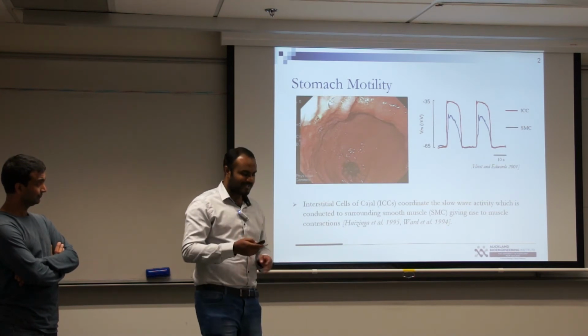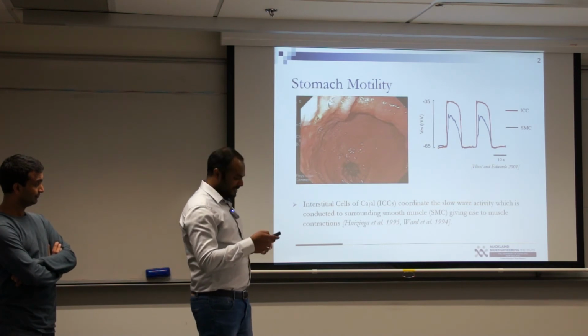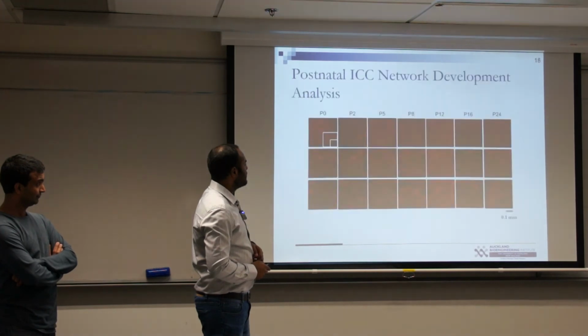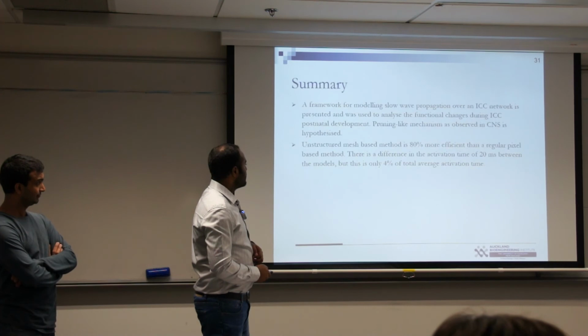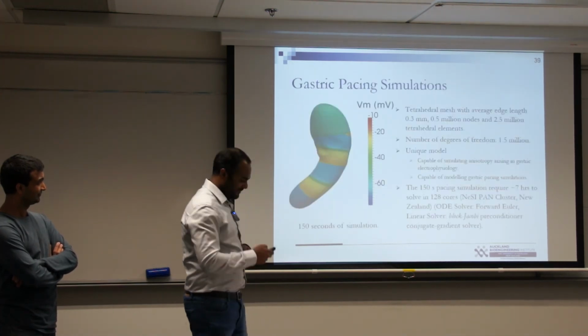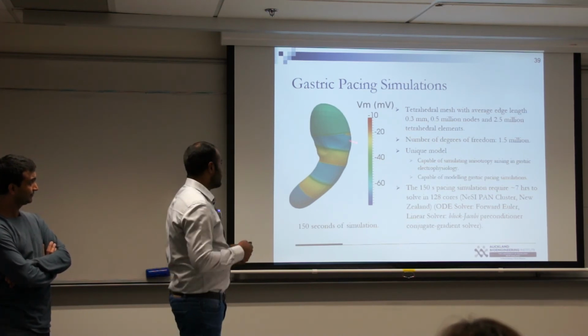So let me give a brief explanation. I'll just go back to the end. Where is it? I trust my simulations. Okay, so this is the fundus region where we store the food that we eat.